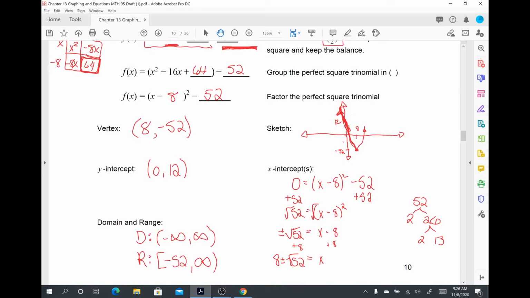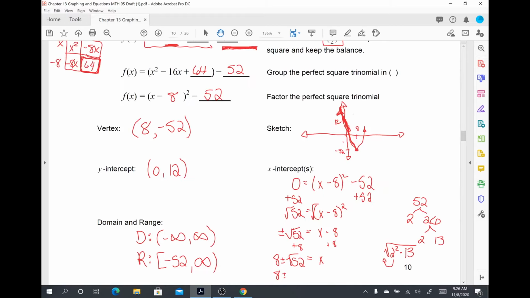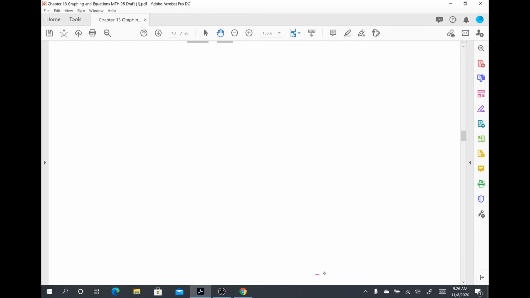So that means that 52 was made out of 2 squared and 13. So I really have the square root of 2 squared times 13. 2 can come out, 8 plus or minus that 2 coming out, so 2 square root of 13 equals x.